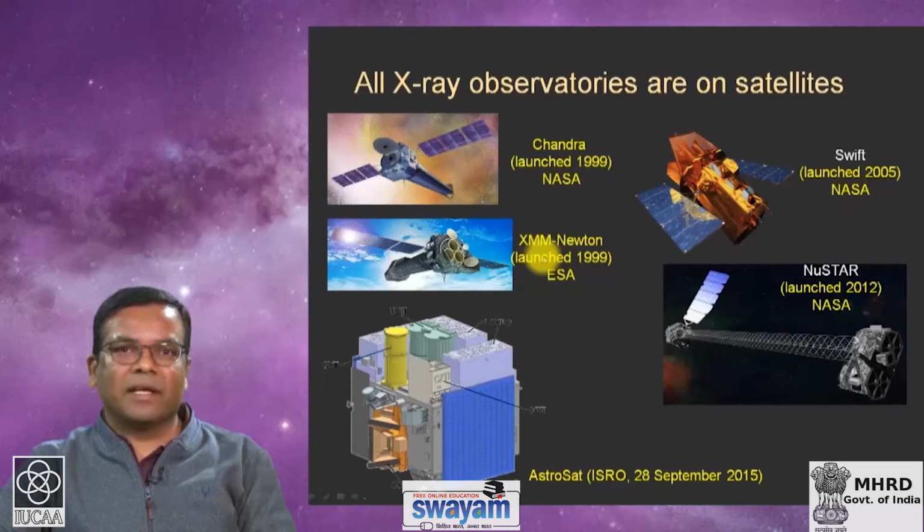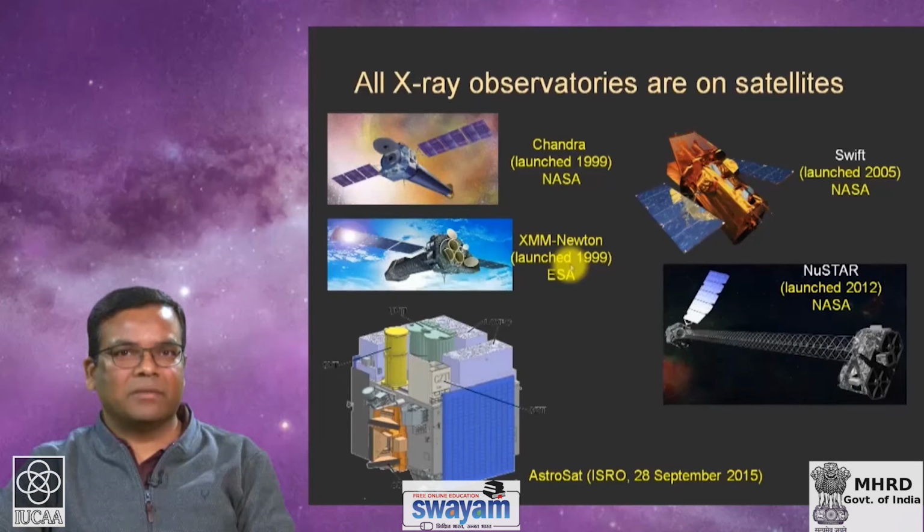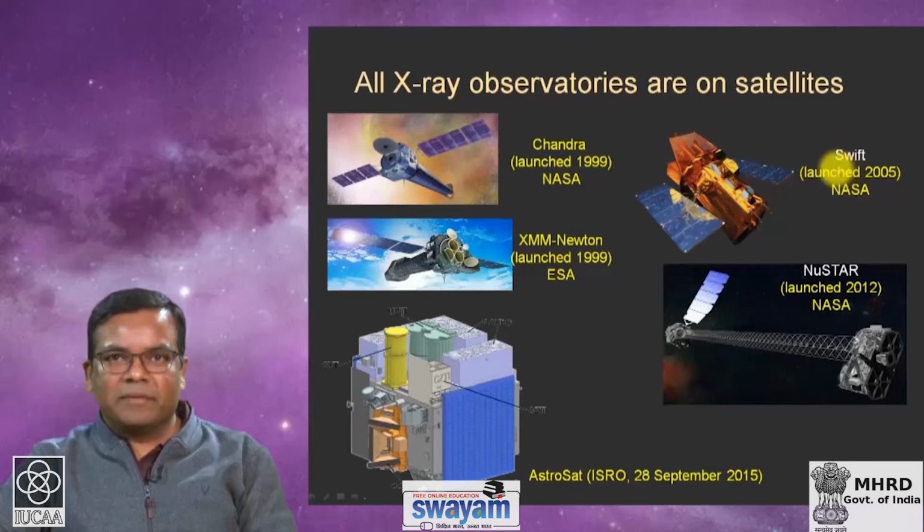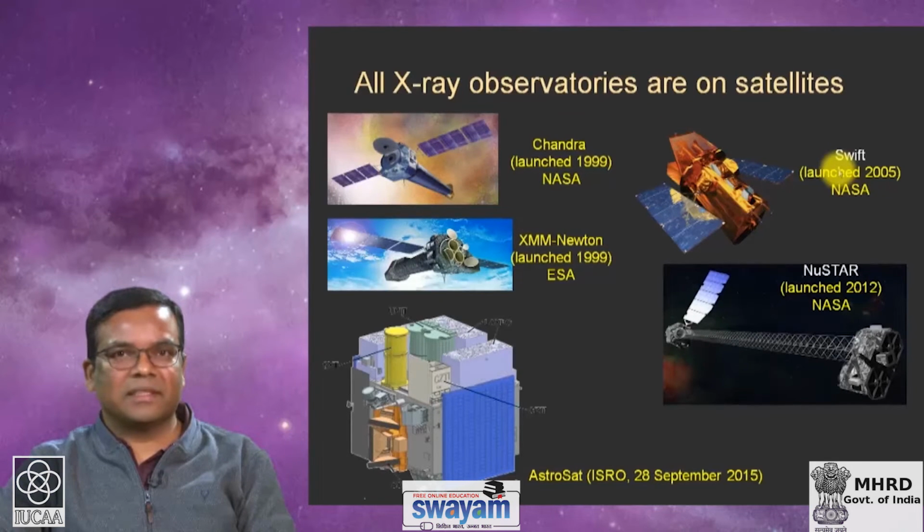The XMM-Newton is the ESA mission, again launched in 1999. It is a high throughput X-ray observatory and excellent for X-ray spectroscopy in the 0.3 to about 10 keV band. The Swift mission, which was launched in 2005, is an excellent observatory for transient sources such as gamma ray bursts.